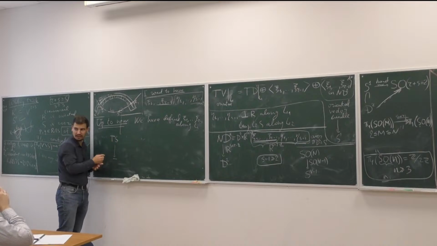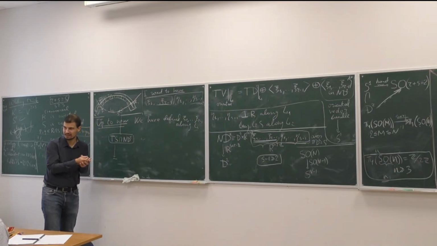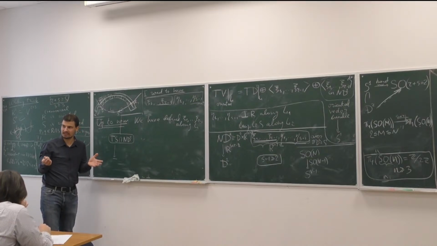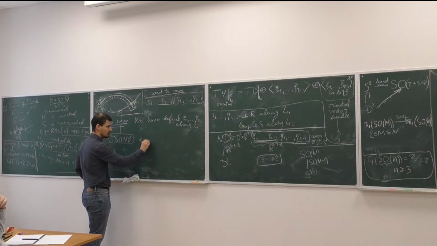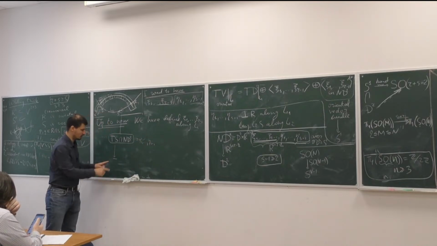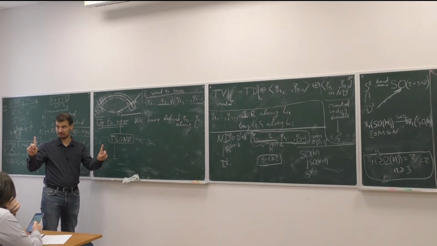tangent bundle to S cap normal bundle to this. This is exactly the bundle in which the ethos are bases. So we have basis ethos here, and we can choose a trivialization here so that locally it is just the standard basis.